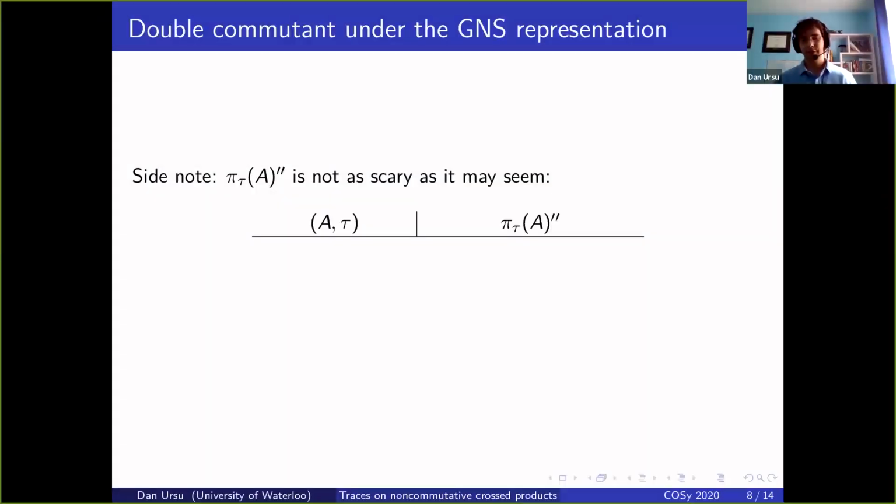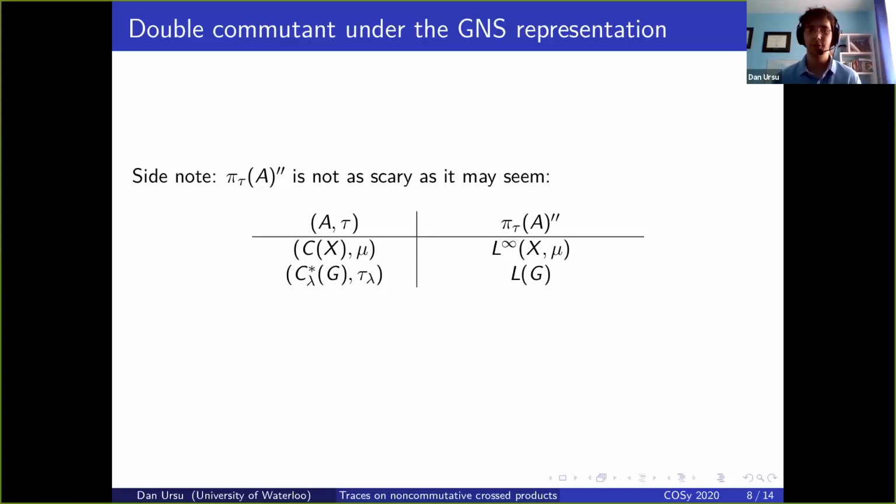And just as a little bit of a side note, the double commutant under the GNS representation is a pretty well understood object. So as a few examples, if you start with any commutative C-star algebra C(X), and you start with any trace on it, which is just a fancy measure, call it mu, then what we get is L infinity of X with respect to mu.